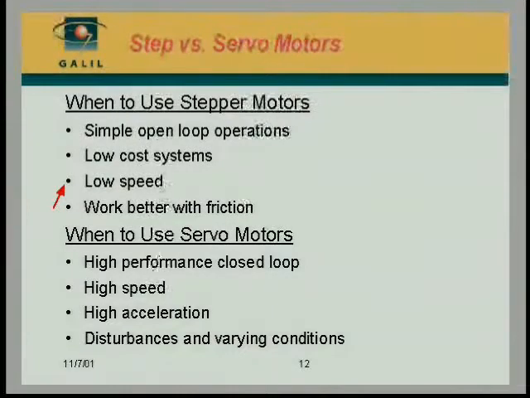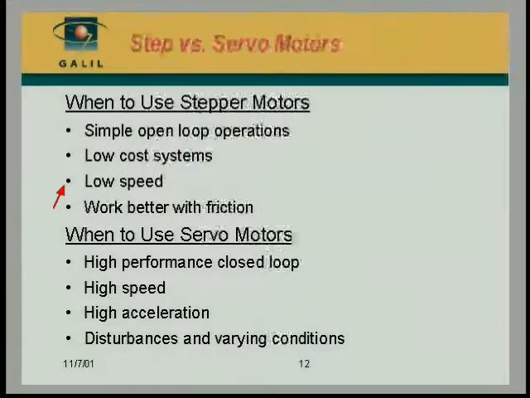In contrast, the alternative, the servo motors, being closed loop, are the ones you would use in high-performance closed-loop systems when you need extremely high speeds, not only about 3,000 or 6,000 RPM. Brushless servo motors could go up to maybe 20,000 RPM or so.